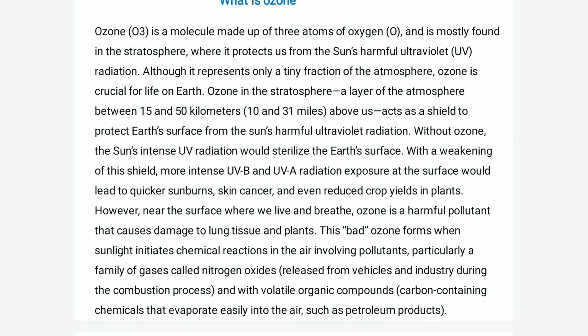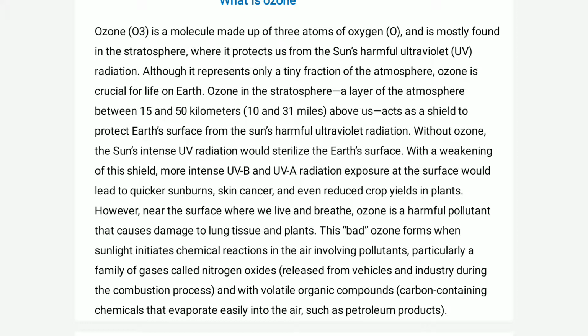Although it represents only a teeny fraction of the atmosphere, ozone is crucial for life on Earth. Ozone in the stratosphere, a layer of atmosphere between 15 and 50 kilometers above us, acts as a shield to protect Earth's surface from the sun's harmful ultraviolet radiation.